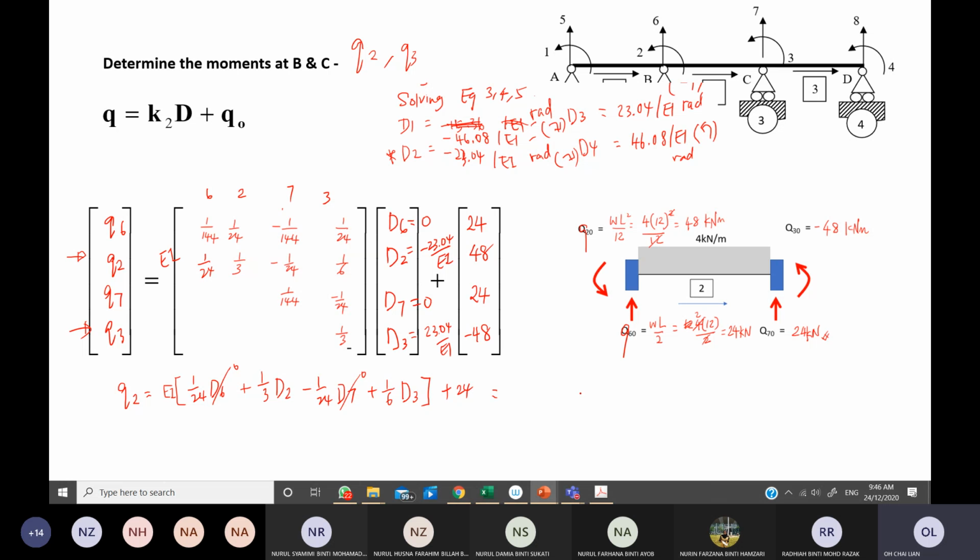Then you can directly get your answer here, and it must be in kilonewton meter. I give you 3 to 5 minutes to form equations for Q3 as well, and let me know what your answer is.